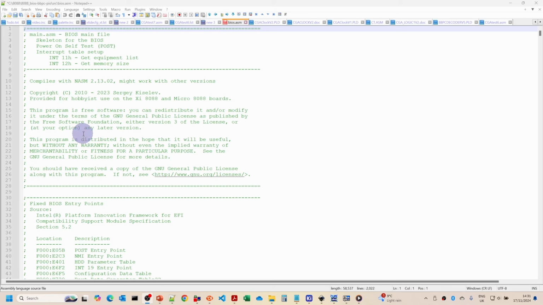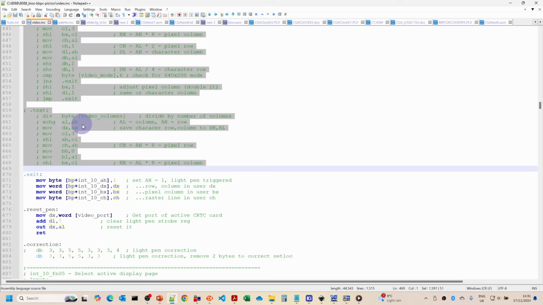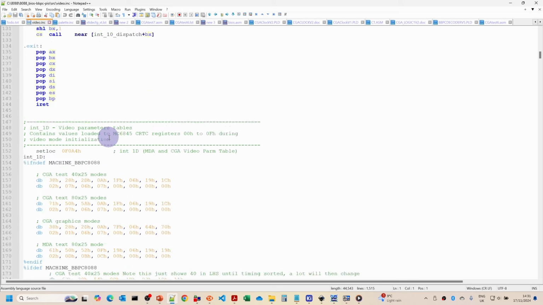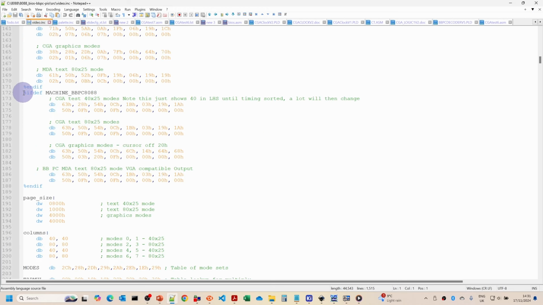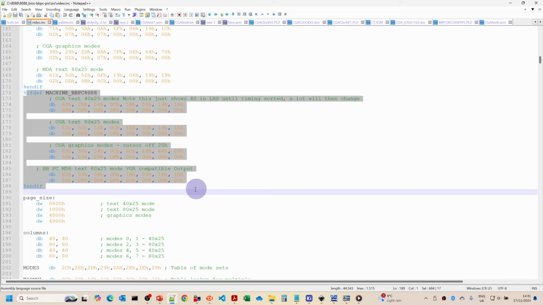But what we're going to do is run up some of the DOS test programs now and actually see whether or not we can get this working. In order to get this working using the BIOS, I have needed to update the BIOS EPROM, and that's actually involved updating the video section here. In the breadboard PC, all of these values are now being replaced.